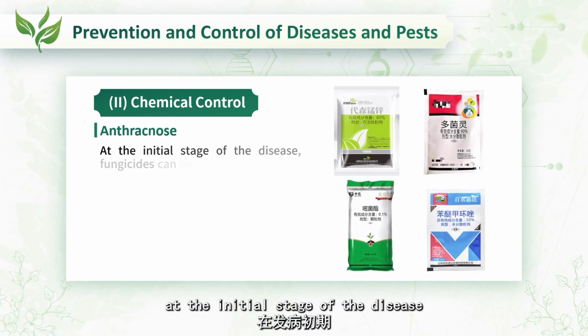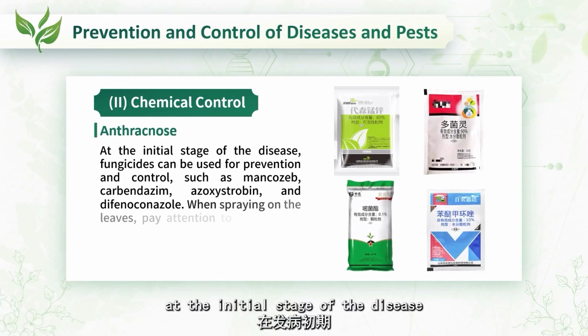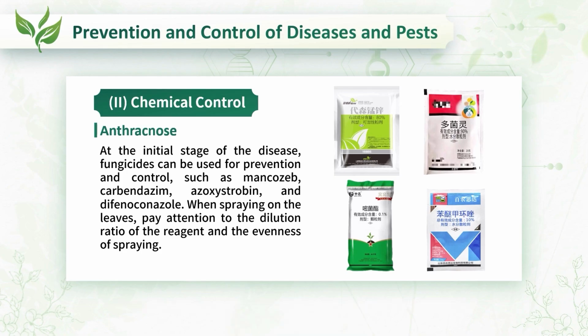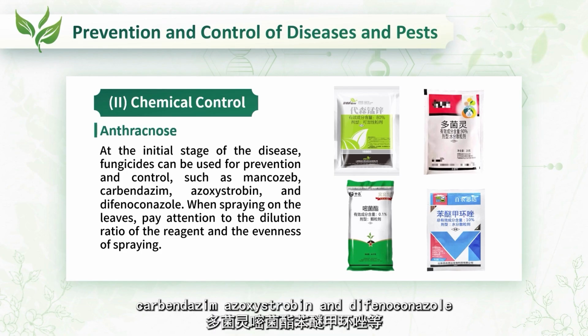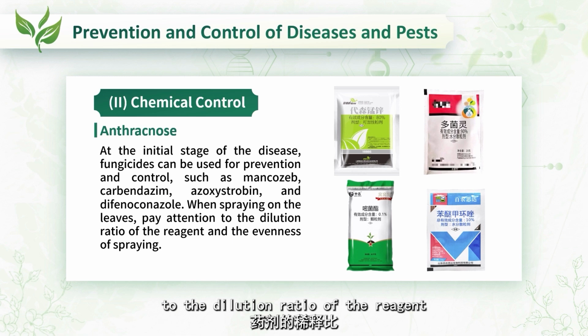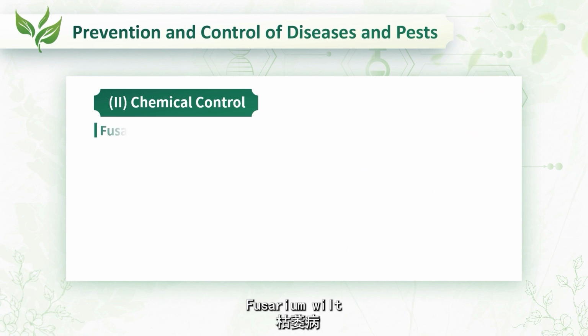Anthracnose. At the initial stage of the disease, fungicides can be used for prevention and control, such as mancozeb, carbendazim, azoxystrobin, and difenoconazole. When spraying on the leaves, pay attention to the dilution ratio of the agent and the evenness of spraying. Fusarium wilt.